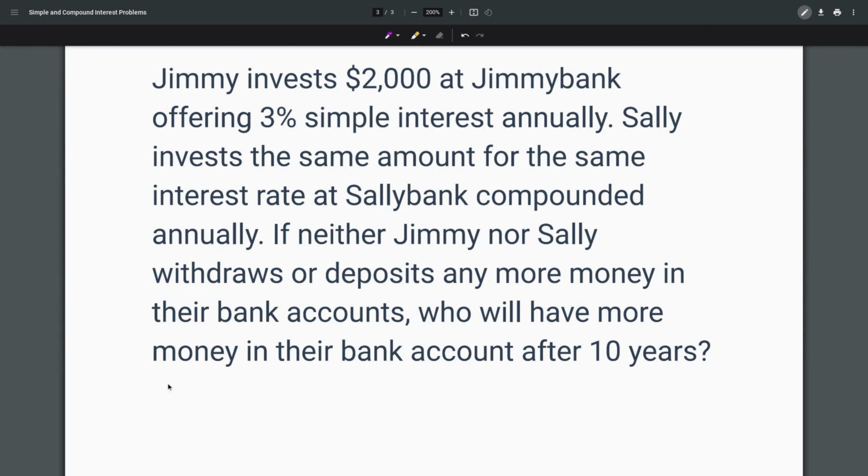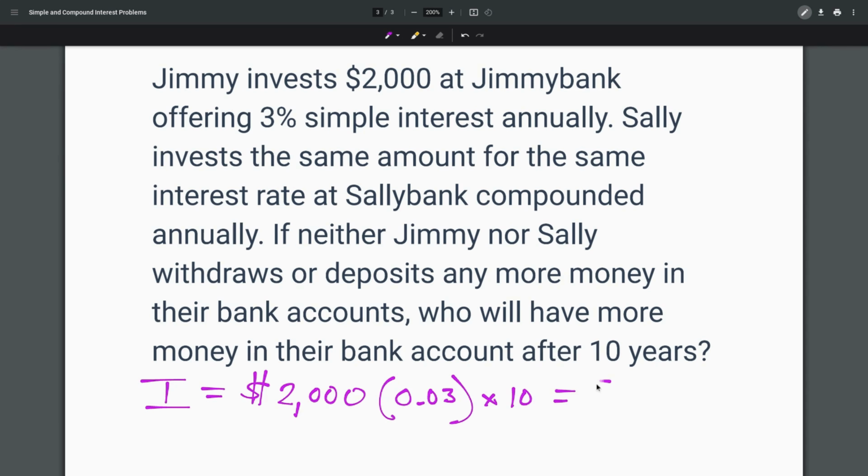So first off, let's start by just calculating how much interest Jimmy earns. So he's going to do 2,000 principal times rate times time. So 2,000 times the interest rate as a decimal, 0.03, times 10. That's going to be 600. Okay, and then we're going to add that.